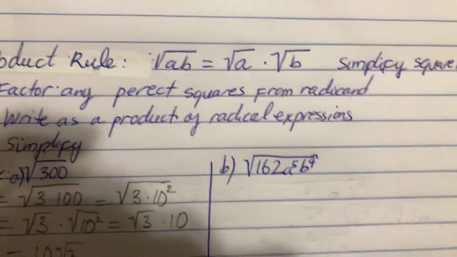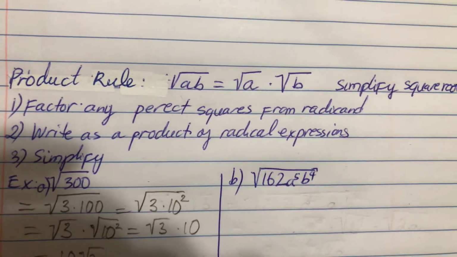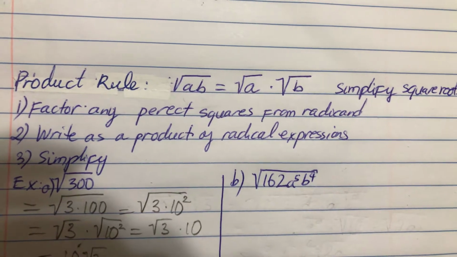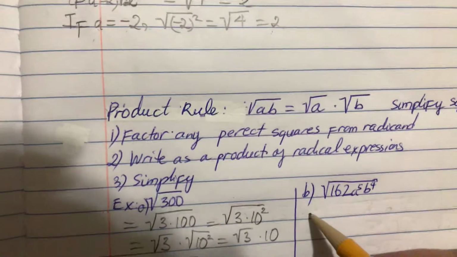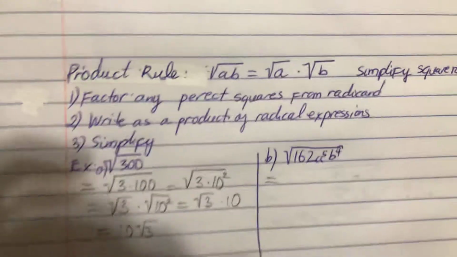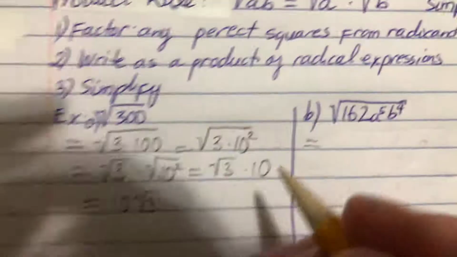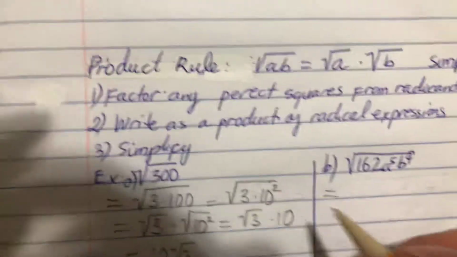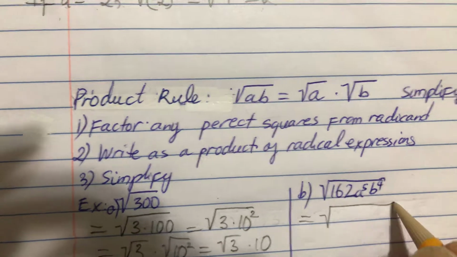Let's go to problem B. I have the square root of 162 a to the 5th b to the 4th. I have the square root of 162.